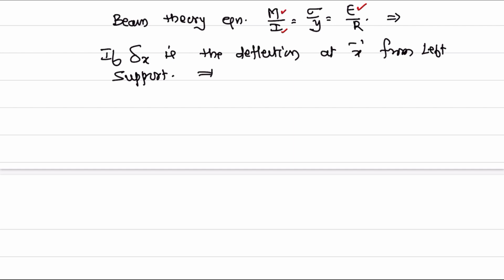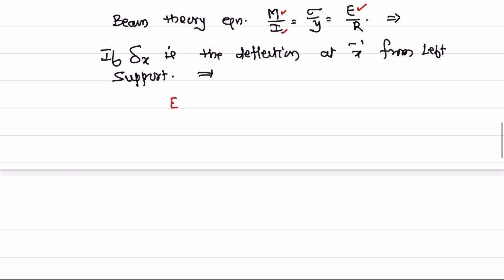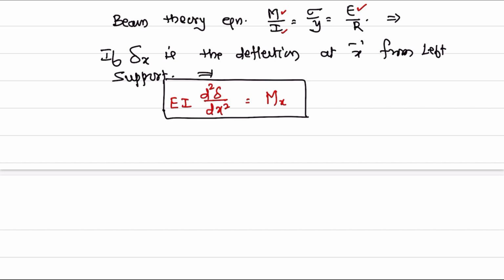Then from radius of curvature, which I have defined in the previous classes, we can say that EI into d square delta by dx square is equal to Mx. This is the equation which we have derived in our previous videos.